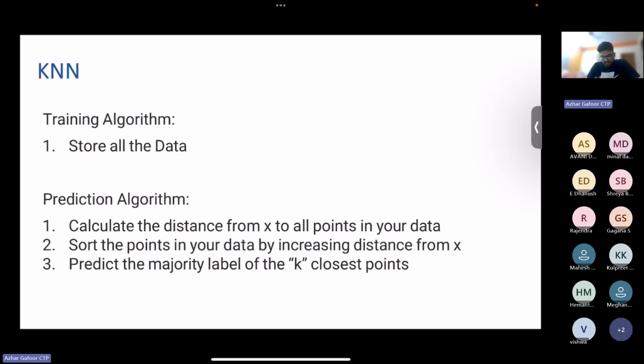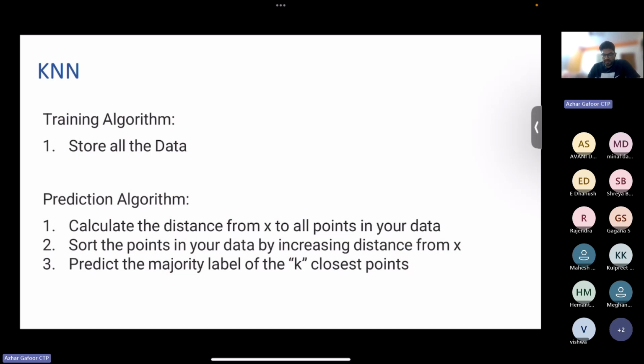So the training algorithm is to store all the data. If we give the data, it will use distance metrics to calculate the different neighbors in the available data.